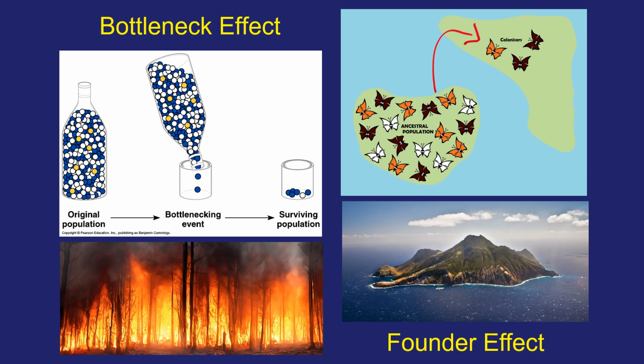Here we have 2 examples of extreme sampling error. Sampling error is something that's very important in statistics if you've taken any statistics. To give you an example before I get to these, let's say you were to flip a quarter. If you flipped the quarter 4 times, and it came up heads every time, that's not too crazy because this is a very small sampling.